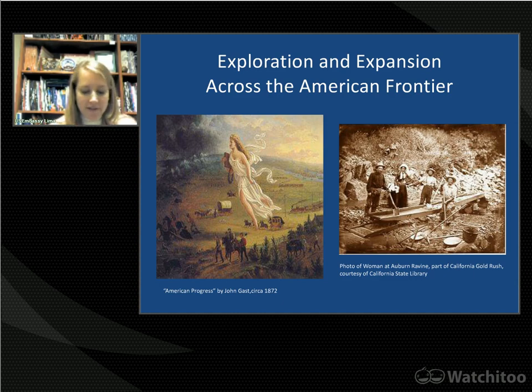In the second half of the 19th century, which means about 1850 to 1900, there was a lot of expansion going on in the United States. Americans set off to the west looking to ply their fortunes in land, like through farming, in trade, or in the search for gold.